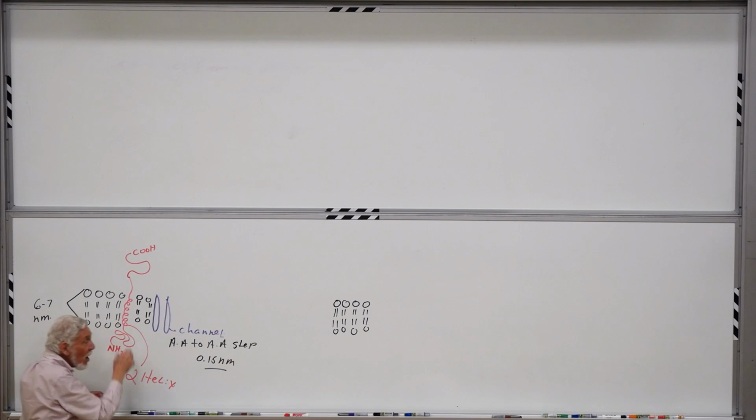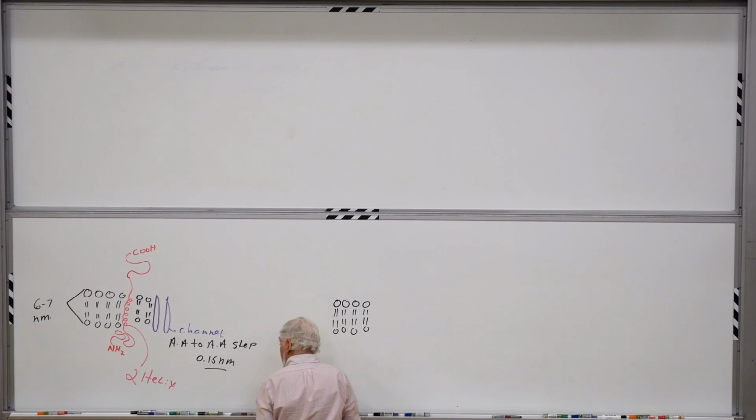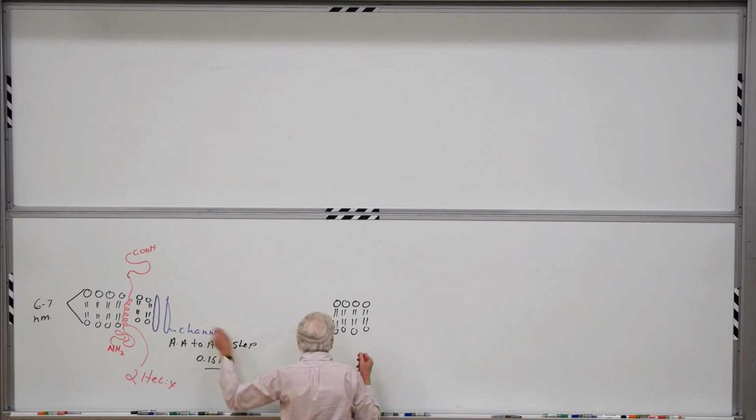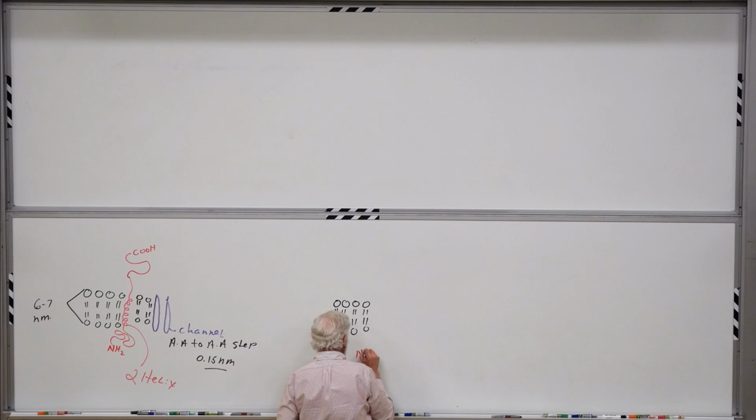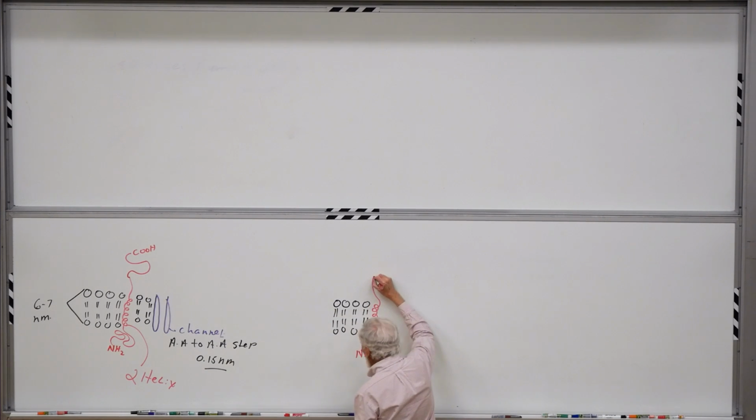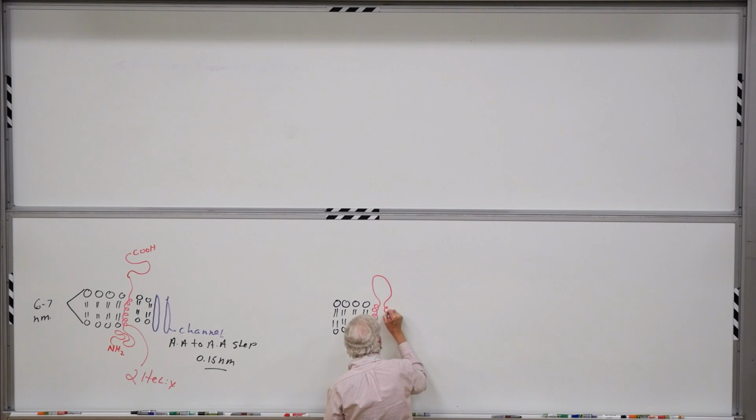So to generate a hydrophilic pathway across the membrane, we need to modify the structure a little bit. So that for a transmembrane protein that's destined to be a channel, it goes across the membrane once, goes out into the extracellular space, comes back across the membrane a second time, goes across the membrane a third time, and then finally across the membrane a fourth time.